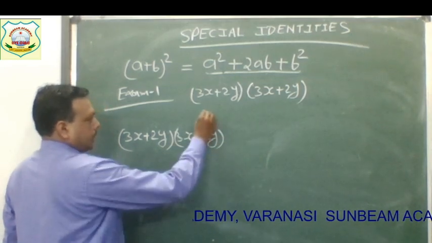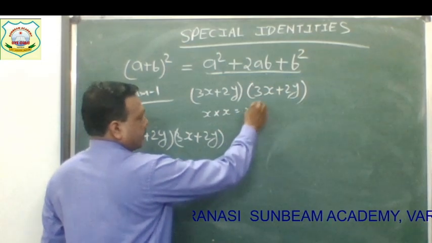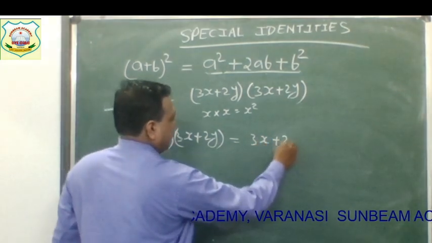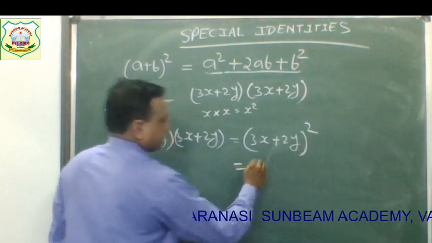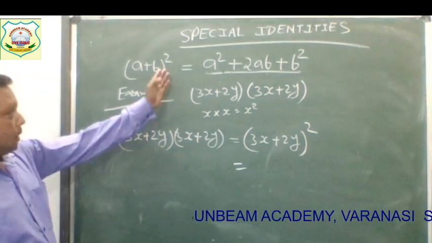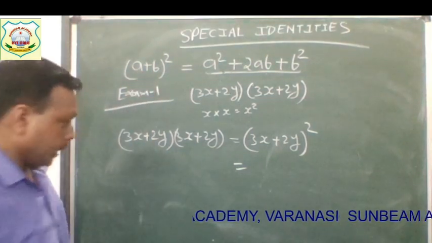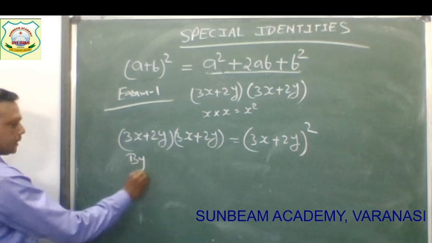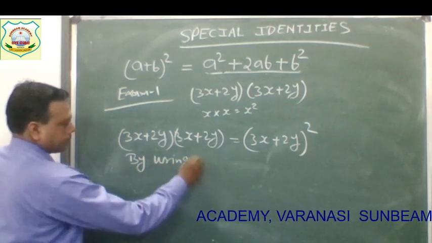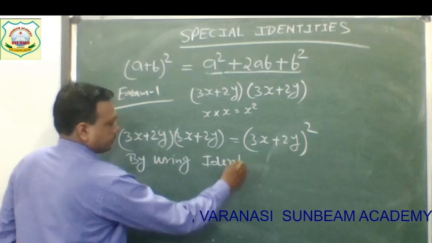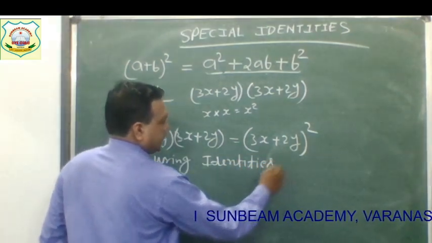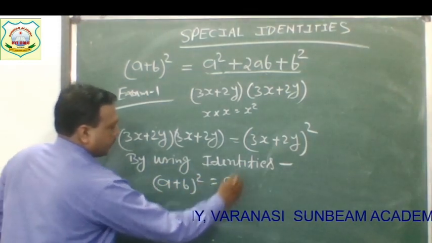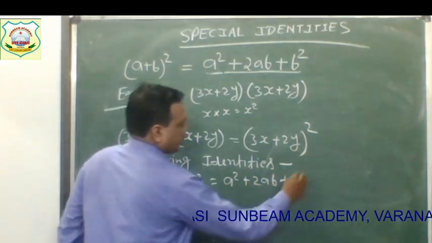When you multiply, you know that x into x, then we can write x square. Clear students? Similarly here, (3x plus 2y) whole square. So by using the formula, you will write it here. You will do this by using identities: (a plus b) whole square is a square plus 2ab plus b square.